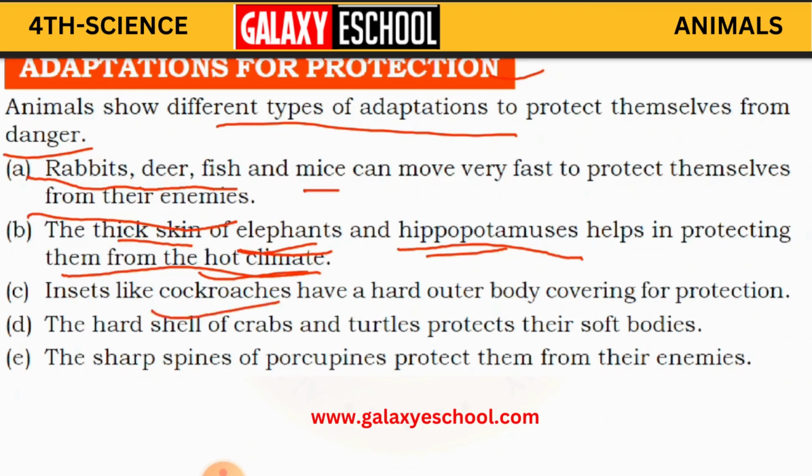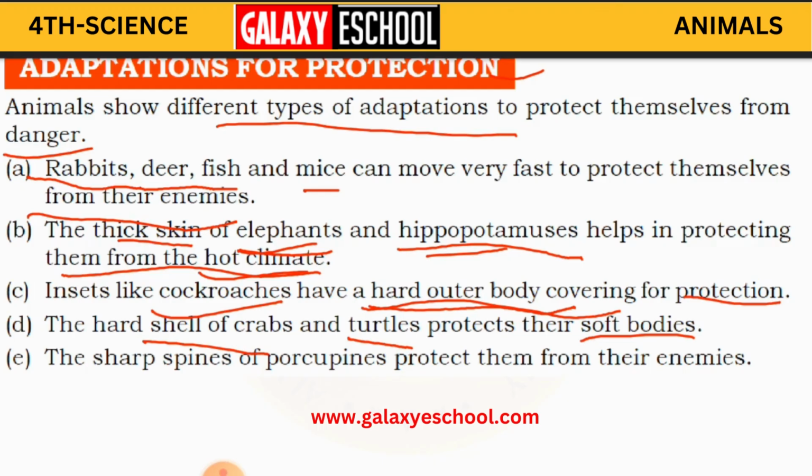Now what about the insects here? Insects like cockroaches have a hard outer body covering for protection. Because of that, they are going to protect themselves. And the hard shell of crabs and turtles protects their soft bodies. Crabs and turtles have a very soft and smooth body, and above that body they have a hard shell.